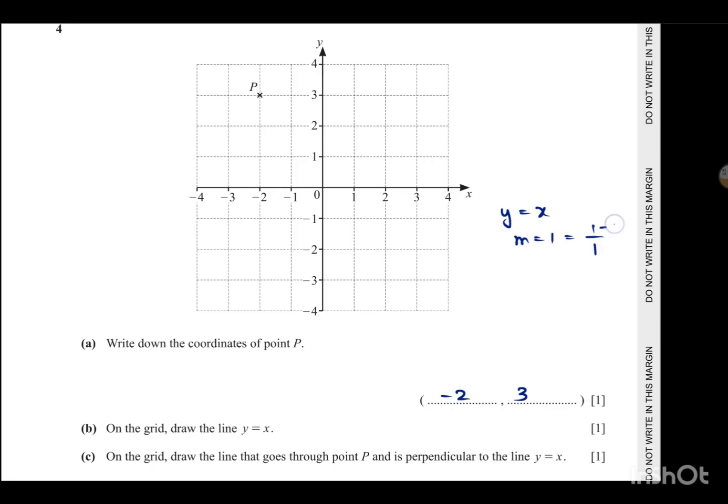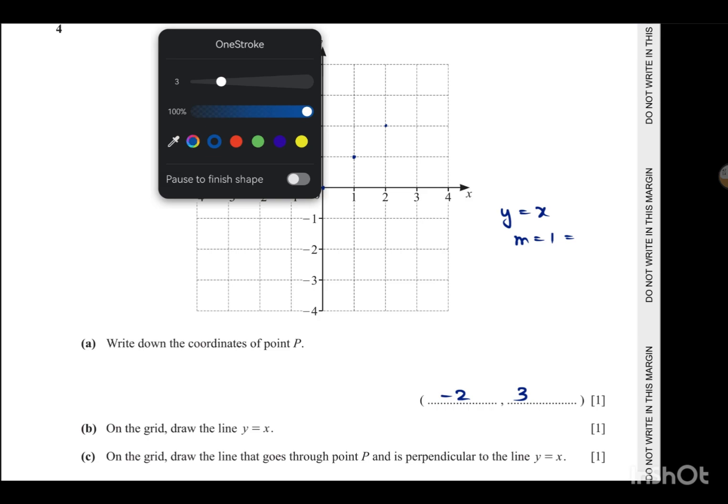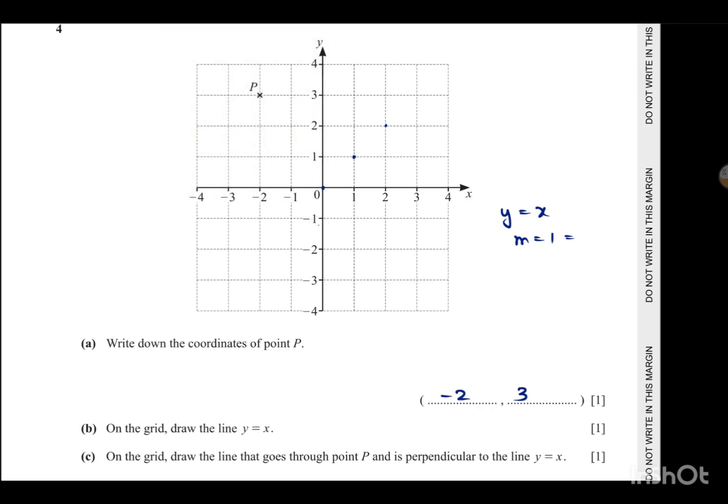So the change in y is 1 and the change in x is also 1. So you can mark the points accordingly. At the origin put a dot. Go up once and right once, and so on. So you can join these dots and extend it.